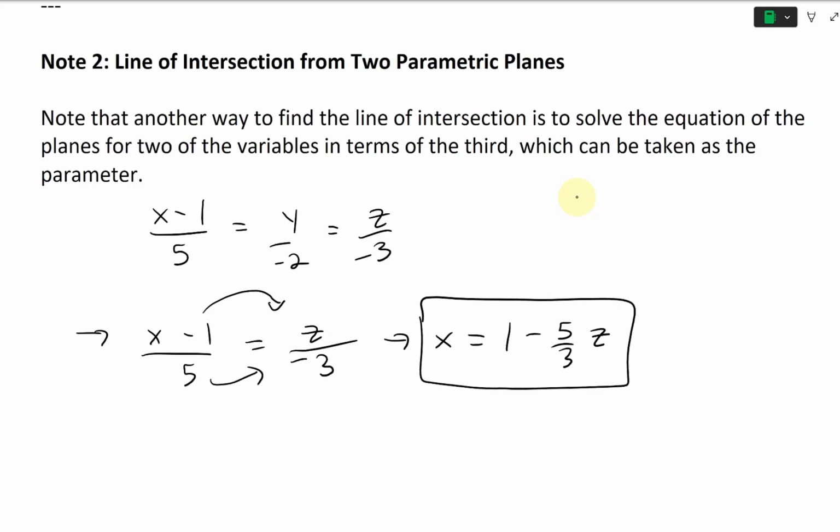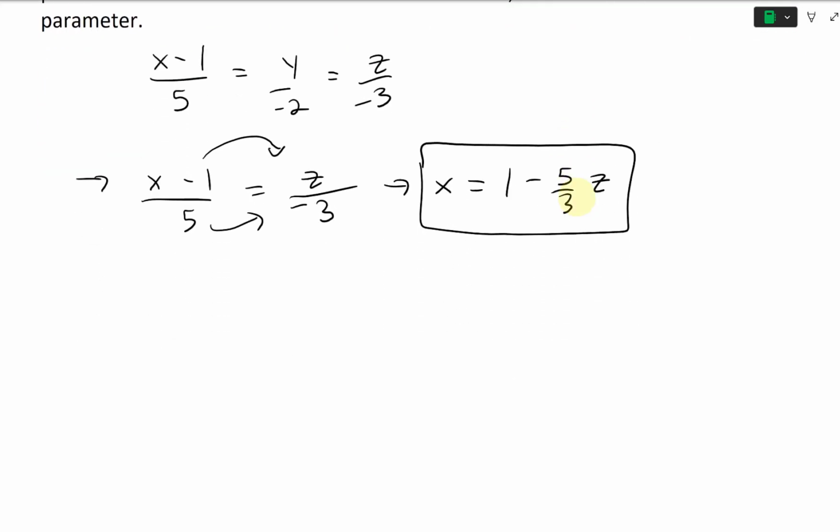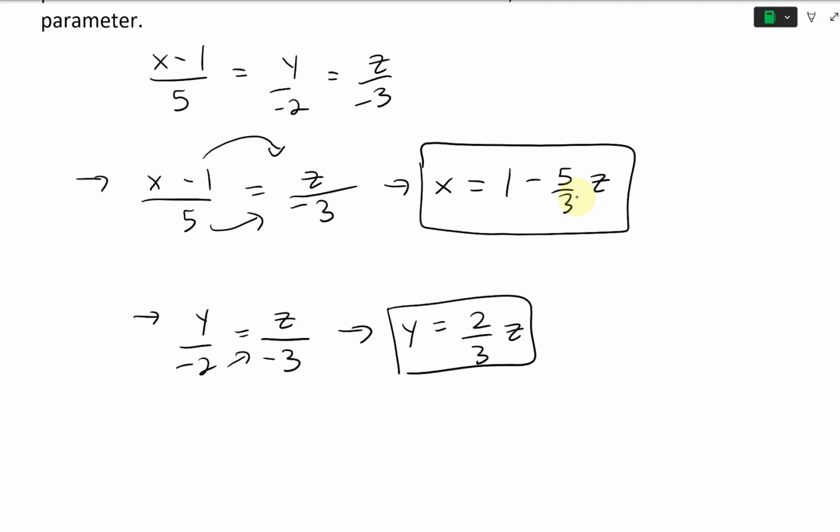So that's one equation. And then the next one is what we already used, y over -2 equals z over -3. Then multiply this inside. We're going to get y equals 2 plus 2 over 3 z. So the parameter is z right here.